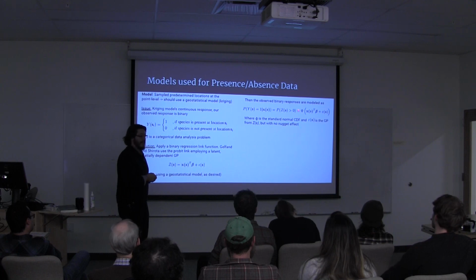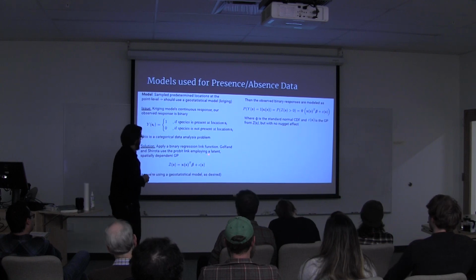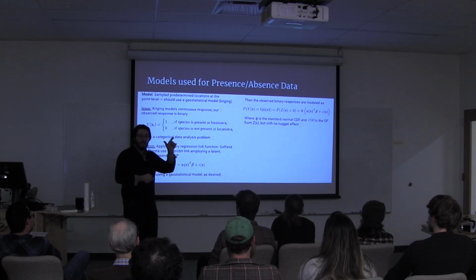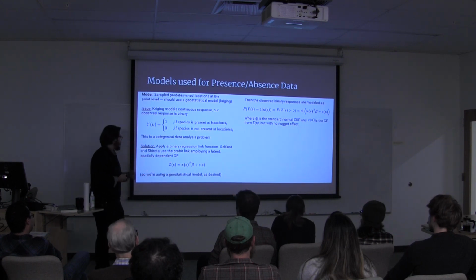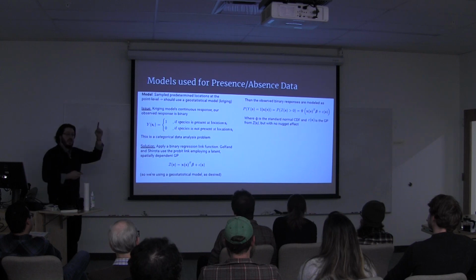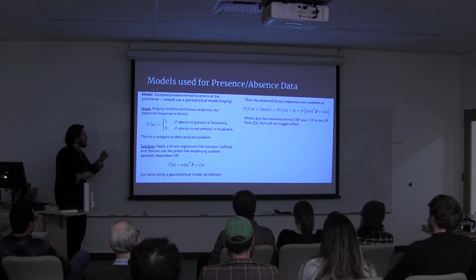And this CDF will therefore map this function into the range of 0 to 1. Okay, so that allows us to model probabilities of presence because we're now mapping it to the range of 0 to 1. And the idea is that whenever this Z is positive, that is an indication that we have a 1 as the response.